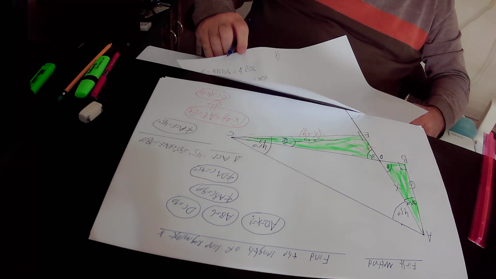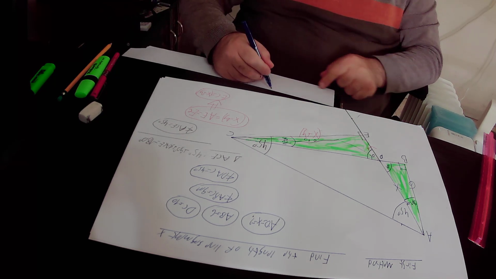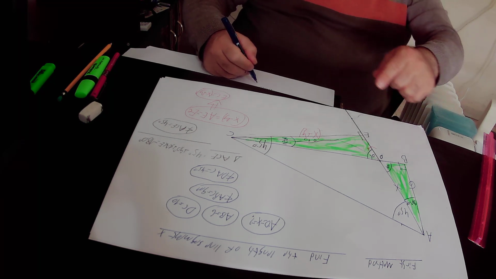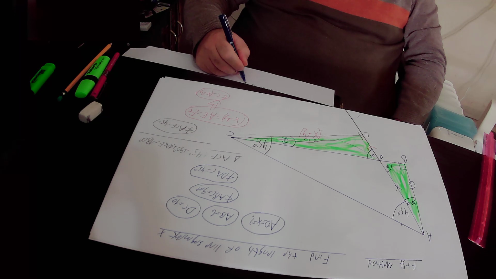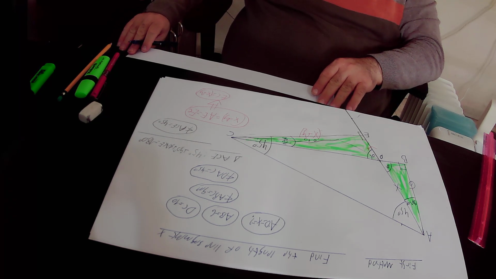So we actually proved that the right green triangle ABD is similar. This is the sign of similar.